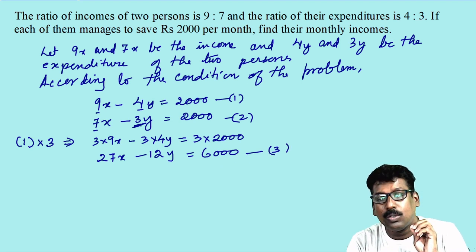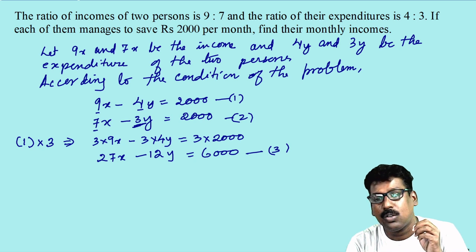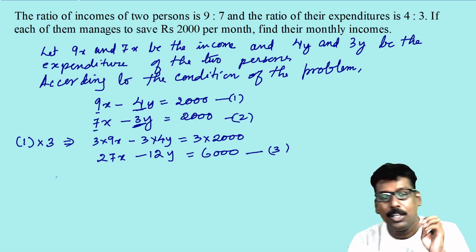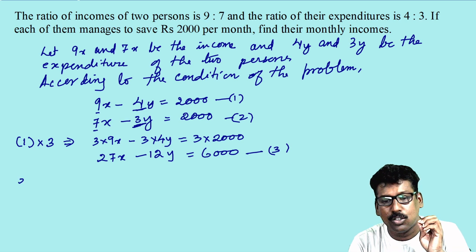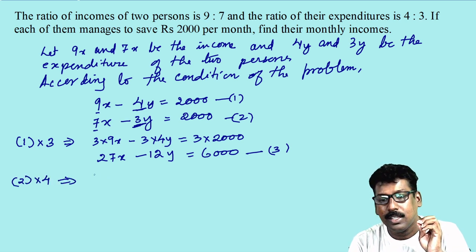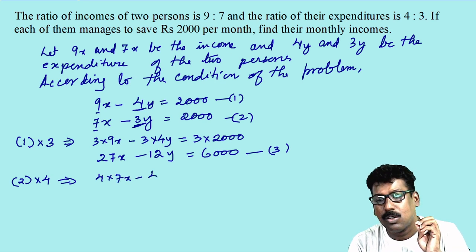Now you take the coefficient of y in the first equation, that is 4. You just multiply equation 2 by 4. That is 4 into 7x minus 4 into 3y is equal to 4 into 2000.